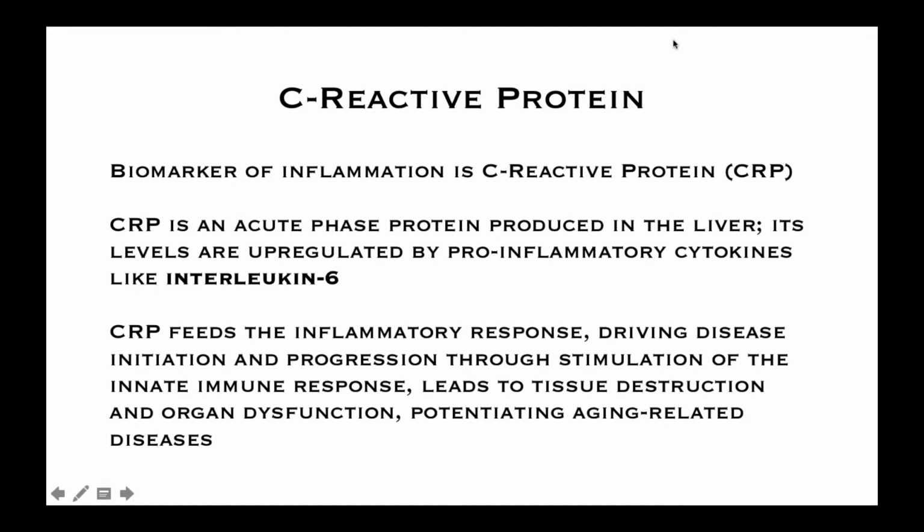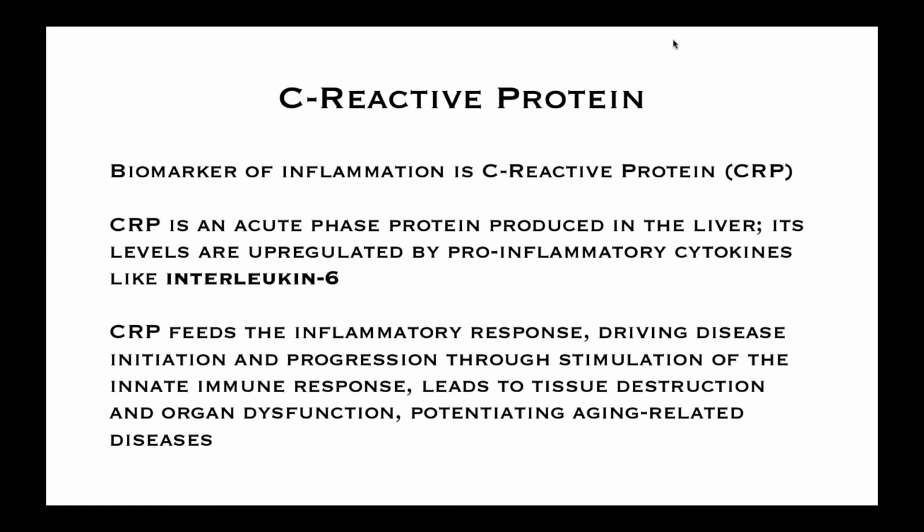If we look specifically at CRP, just to understand this a little bit more, it is a biomarker of inflammation, and it actually upregulates interleukin-6. If you remember, I had said that's the cytokine that is released during this inflammatory cascade.